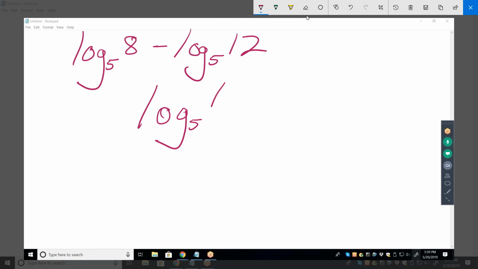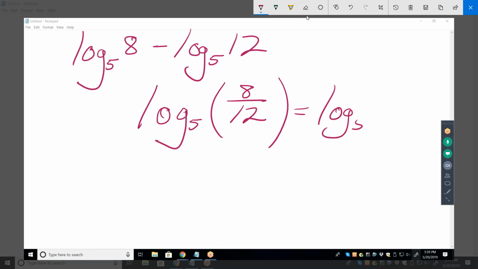So what is that? So it'd be 8 over 12? Yeah. And they expect you to simplify that. So that's actually the log base 5 of 2/3.